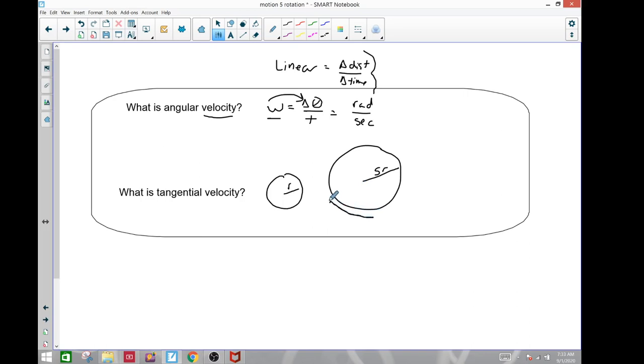This one travels a quarter of a rotation, and this one travels a quarter. Look at the length of that line. The tangential velocity is the actual velocity of the distance. If you were an ant on this wheel, how far did you travel as it rotated through?